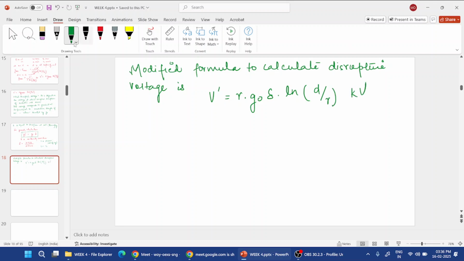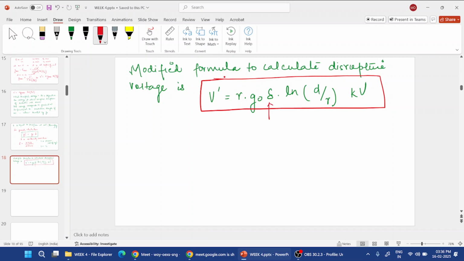This formula to calculate the disruptive voltage has incorporated the atmospheric conditions by using delta.